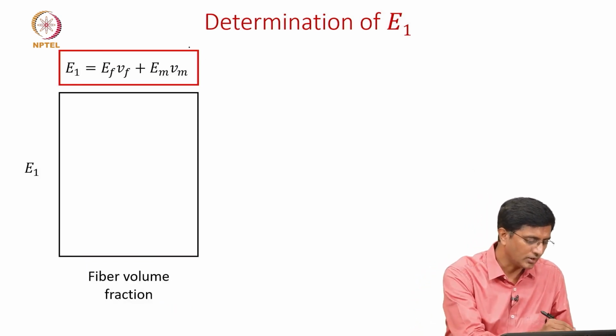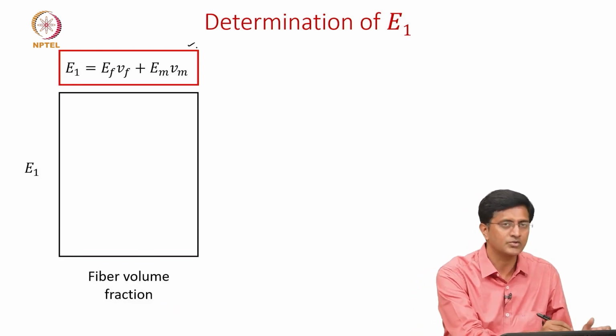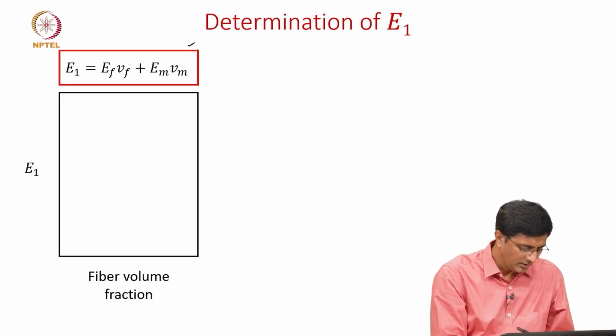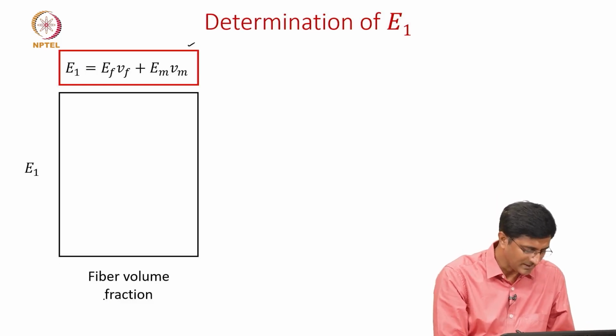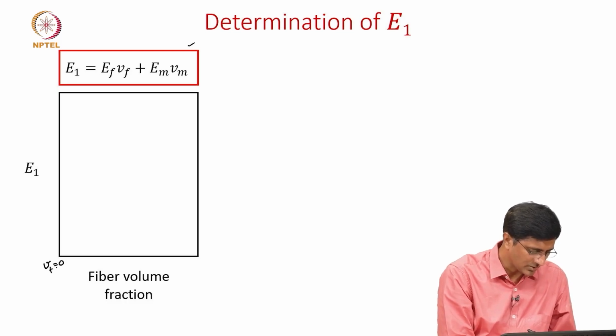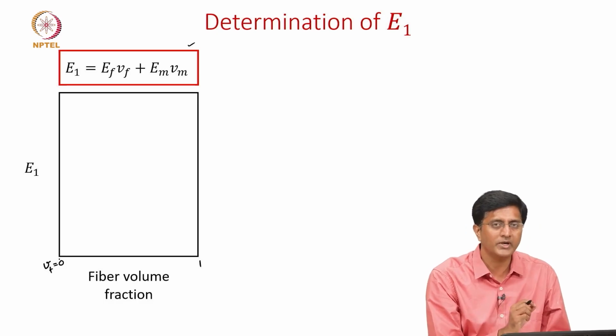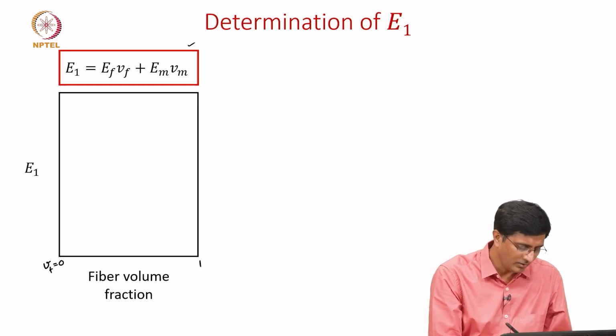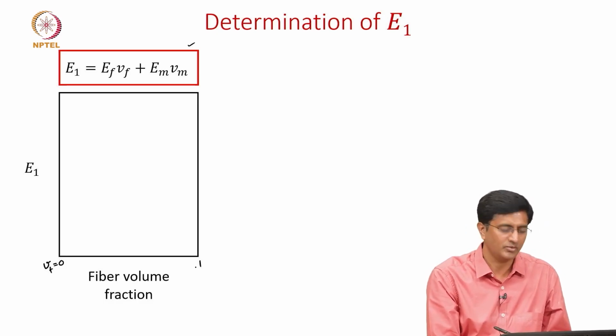So here we are reproducing the same equation we derived in the previous slide. In this plot, the x-axis is the fiber volume fraction Vf. Let's say it is going from 0 to 1, 0 meaning we have complete matrix, and 1 meaning we have complete fibers.